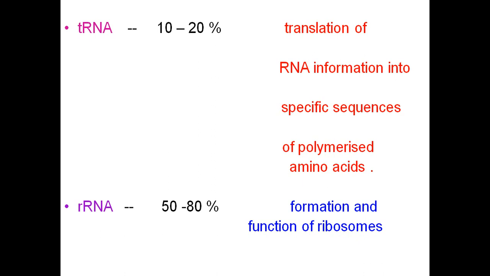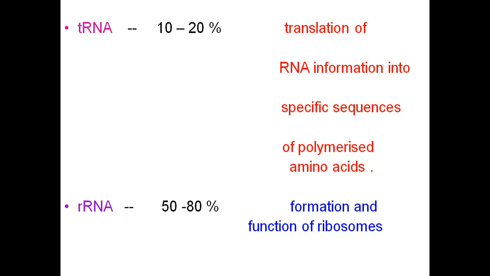So the function of tRNA is translation of mRNA information into specific sequences of polymerized amino acids, which is nothing but a protein. So it helps in the synthesis of proteins.